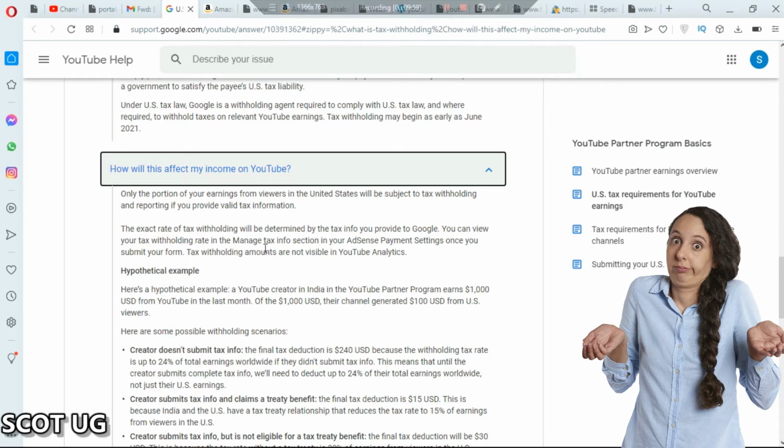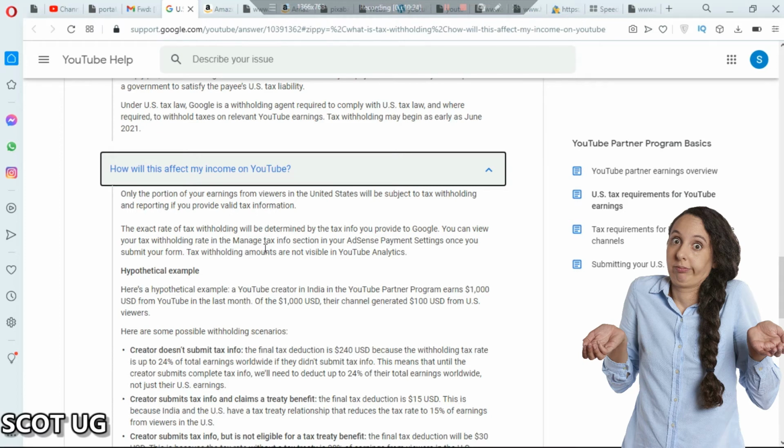And if I dig into this, they say that if you fail to submit your information, it will affect you by deducting 24% of your total worldwide YouTube AdSense earnings. Now, this is not only AdSense, but it includes premium membership, super chats, and the rest.